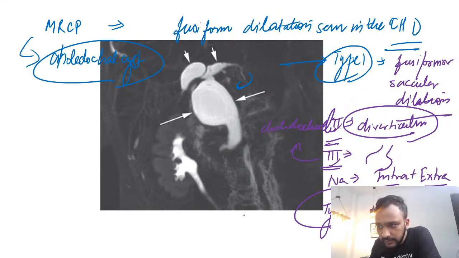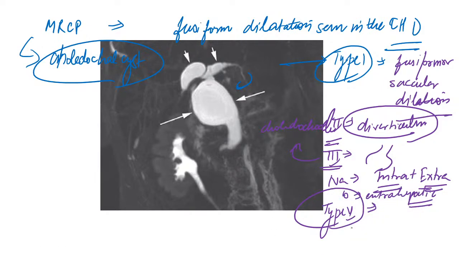And in type 5, guys, we are going to see that there is dilatation of only the intrahepatic biliary radicals.